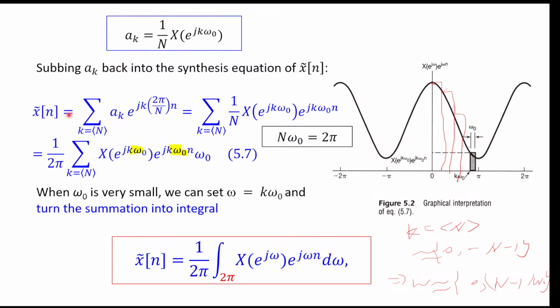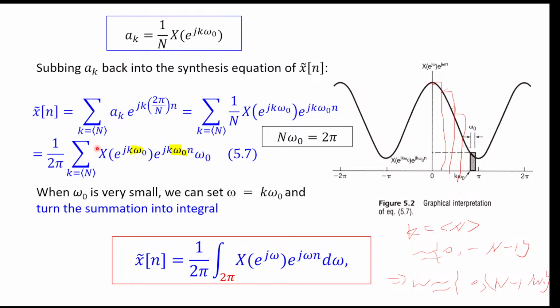We had this synthesis equation for x tilde of n: the summation of a_k e^{jkω₀n}, and then we write down this a_k, which is just this big X, and then e^{jkω₀n}. Then we also make a further change: we change this 1/N to be ω₀ over 2π, just because ω₀ equals 2π over N. Now we have x tilde of n in a very interesting form.